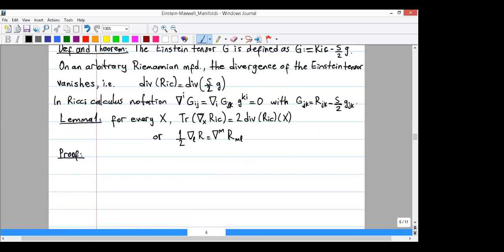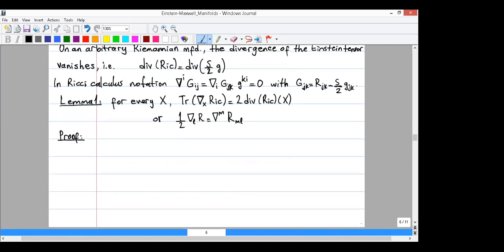For every x, we have this equation: the trace of the covariant derivative with respect to x of the Ricci tensor is equal to 2 times the divergence of Ricci evaluated at x.